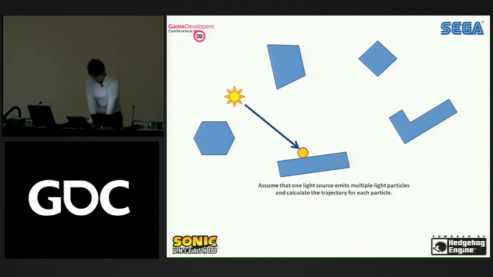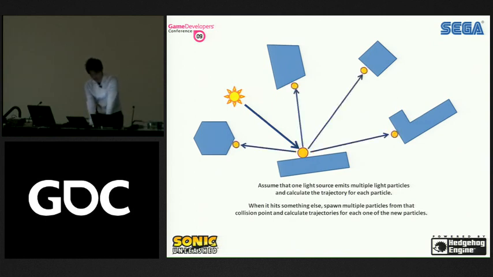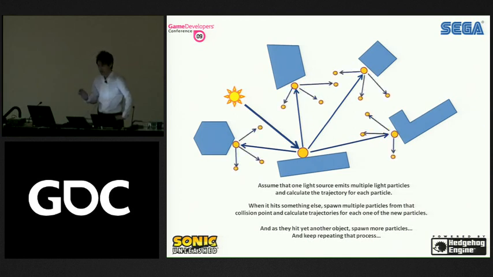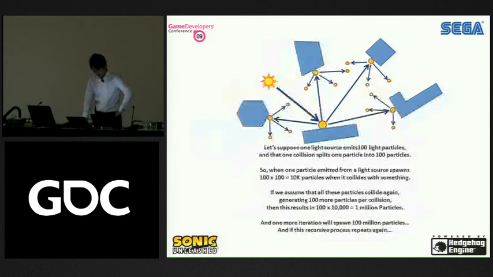We'll assume that one light source emits multiple light particles. And let's calculate the trajectory for each particle. When this hits something else, it'll spawn multiple particles from that collision point, and then we calculate the trajectories for each one of those new particles. And as they hit yet another object, we'll spawn more particles and keep repeating that process.